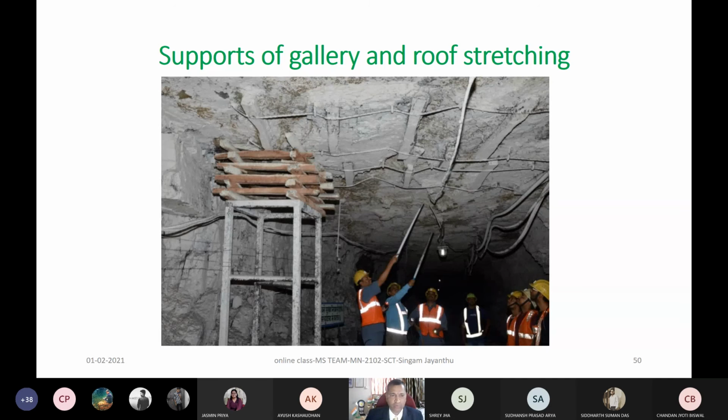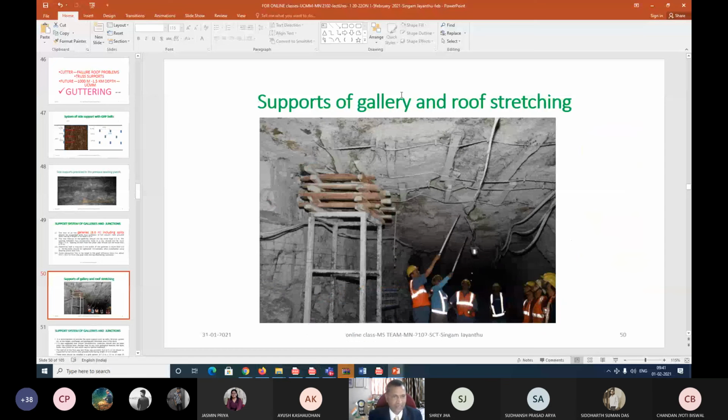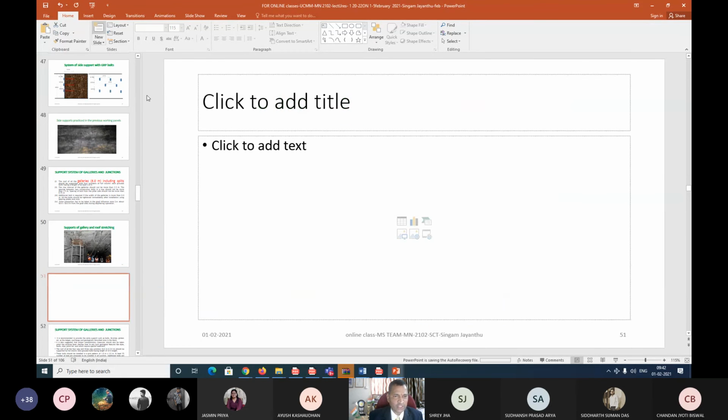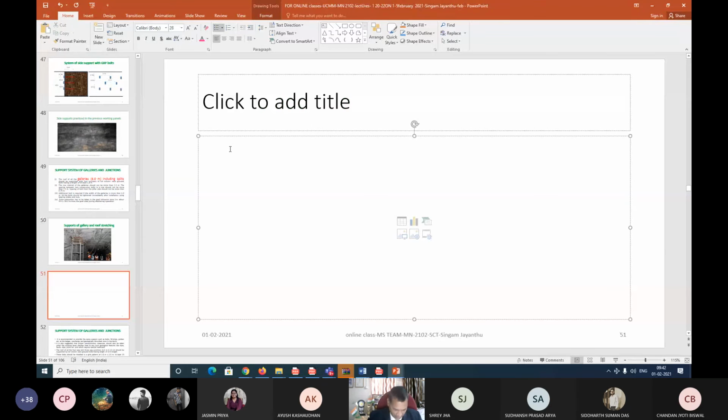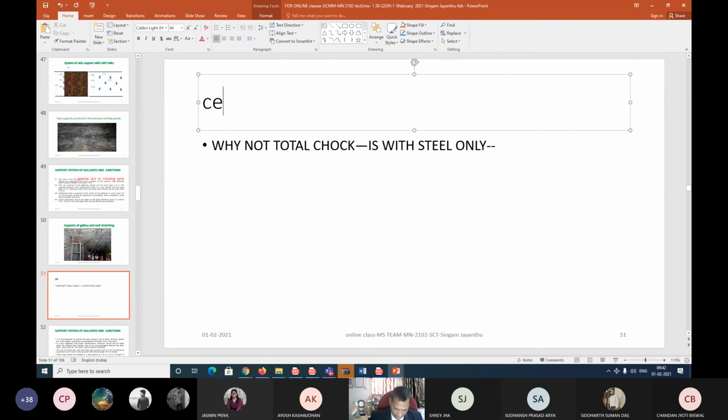I want to show one more before going ahead. And here, what is our CEP question, 1 or 2? I don't know. Already we tried to ask you. Why this chalk? Why not total chalk? Whatever you have seen is with steel only. So this is the CEP question. Can we have it? Or if it is there, what could be the problem if you want to have it like that?